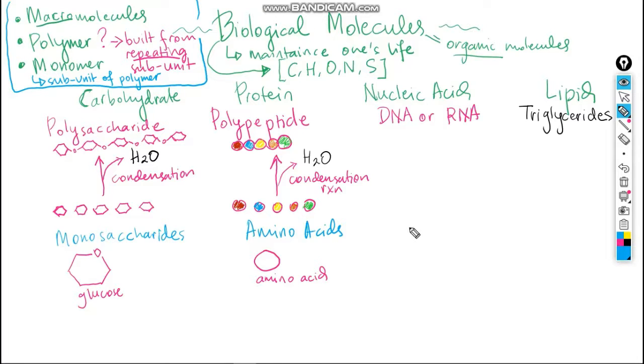DNA or RNA comes from a smaller repeating subunit named nucleotide. This nucleotide consists of a sugar, a phosphate group, and a nitrogenous base. I'm writing this one. This one is a phosphate, this one is a sugar, and this one is a nitrogenous base.